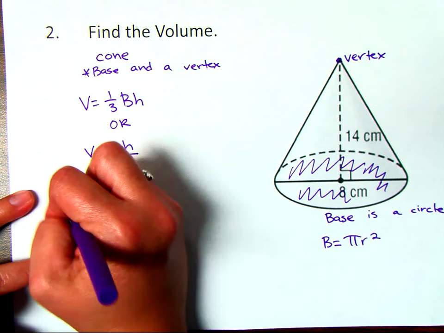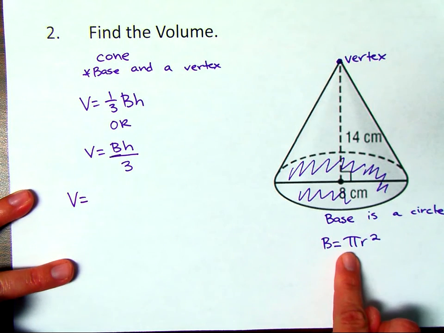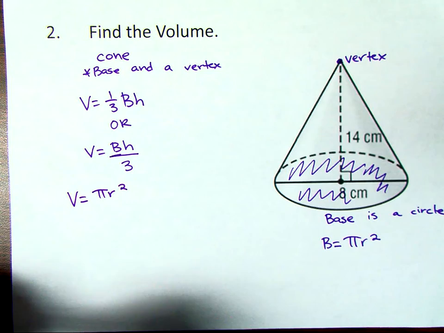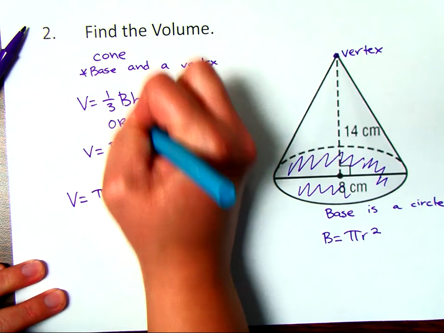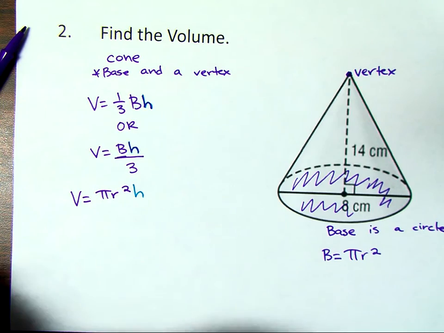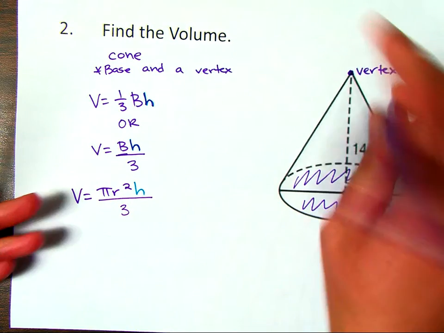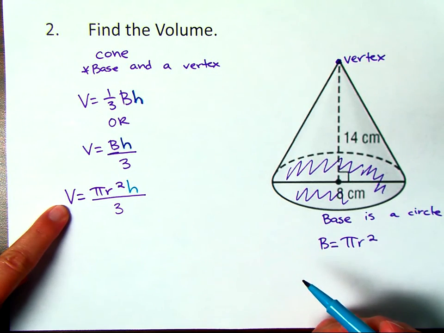All right, so volume equals, well, the B is pi r squared because that's the area of the base, pi r squared, and then times height. Kept forgetting to write my blue H, and then divide by 3. So that's your formula right there for the volume of a cone.